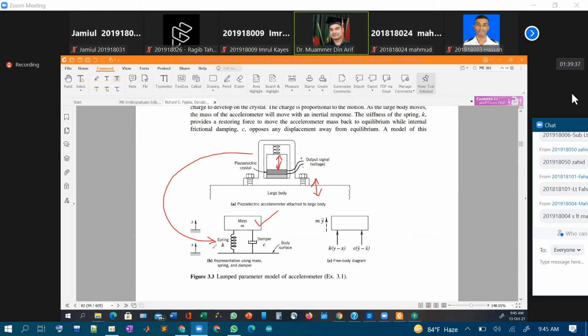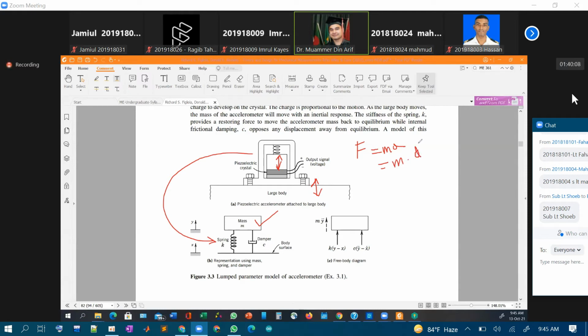Now, because of this stimulus or this input X, what happens to this system? Well, the force will act on the spring, on the damper, and on the mass. When force acts on a mass, what is the formula? Newton's second law, F equals ma. What is my m? This m. What is my acceleration?